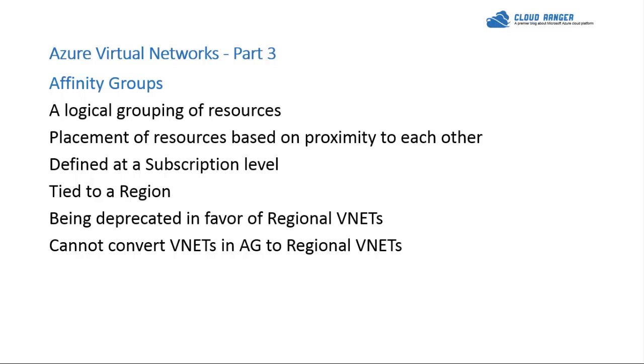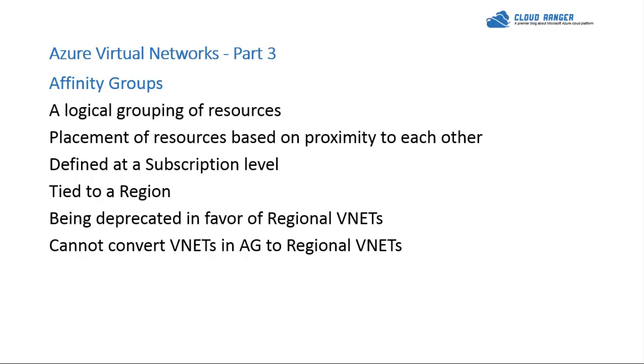You will see a lot of documents and a lot of blogs and even certain MSDN articles where they refer to Affinity Groups when they talk about resources on Microsoft Azure. So what affinity groups are is a logical grouping of resources such as cloud services, your virtual network, virtual machines, storage, and things in Azure.